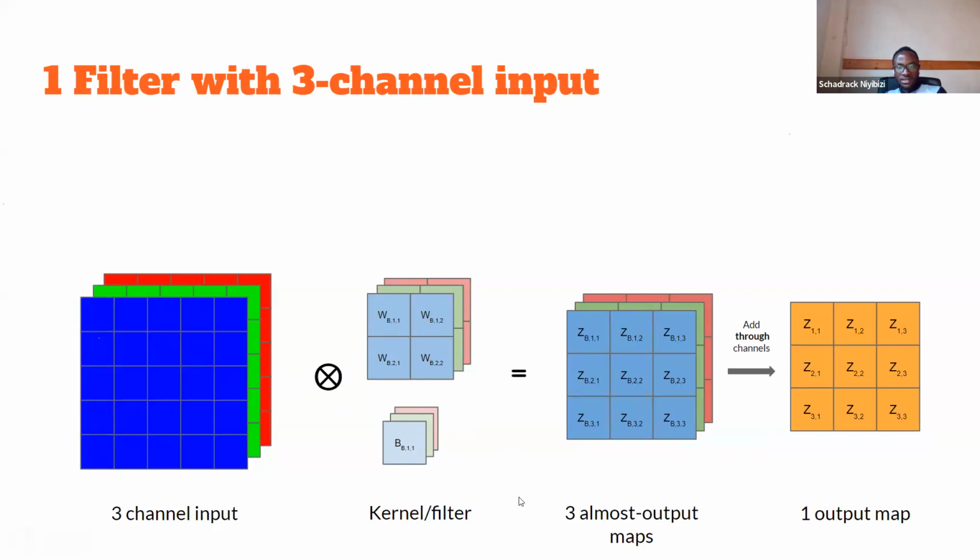Then after this, we'll be producing three maps, one for each respective channel. Then we do the summation to produce the final output map. Why? Because we only have 1 filter. This means that we'll be having only 1 output channel. That's why you have 1 output map, the feature map.